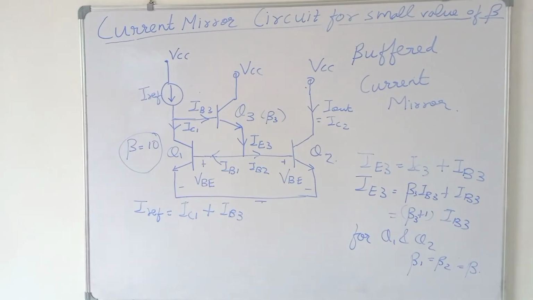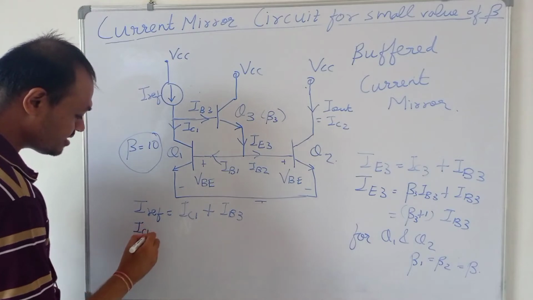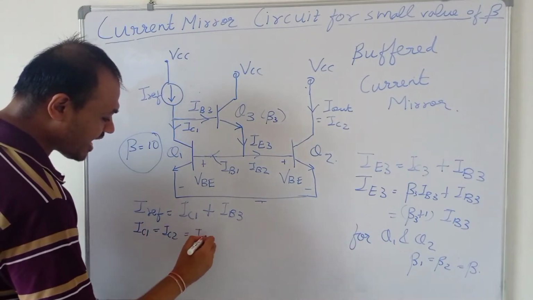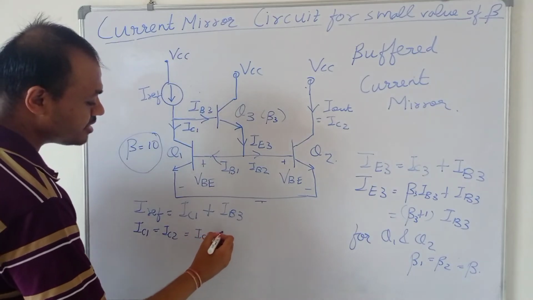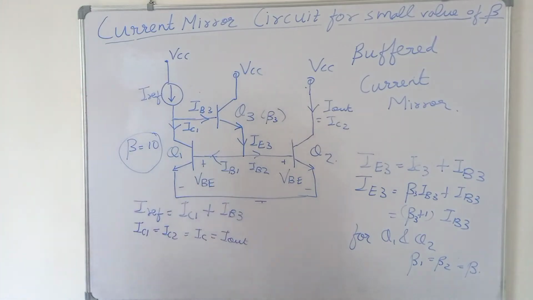Okay, so let's assume that IC1 is equal to IC2 is equal to IC is equal to I out, because I out is nothing but IC2.